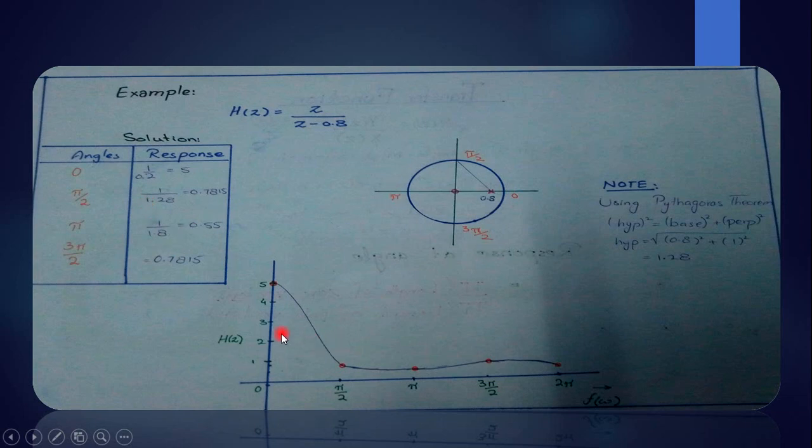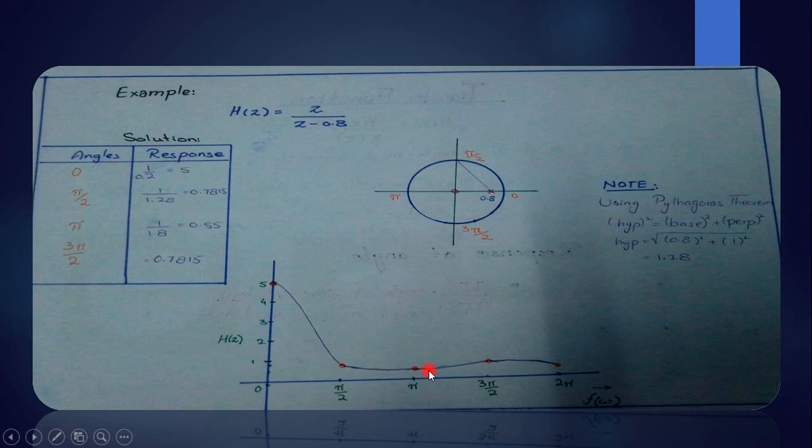If we want to plot this, just draw the frequency axis on the x-axis and the response on the y-axis. When the frequency is equal to 0, its response was 5. At pi by 2, its response was 0.7815.